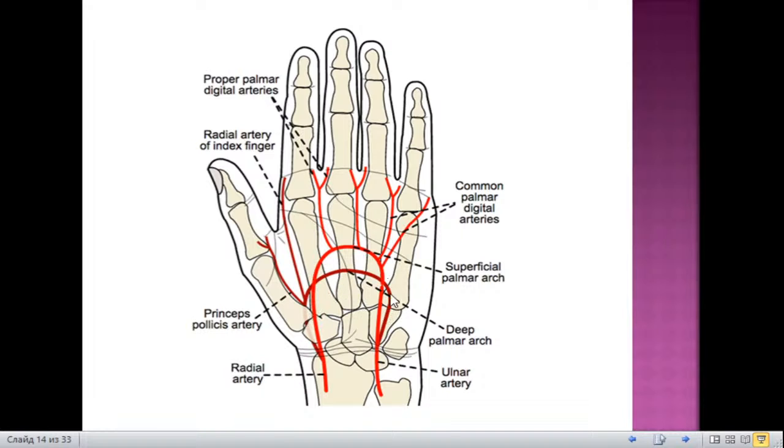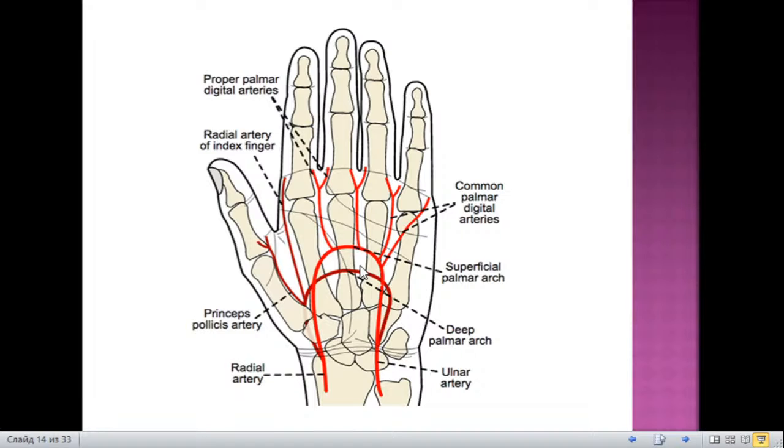The superficial palmar arch is a continuation of the ulnar artery, but it anastomoses with the superficial palmar branch from the radial. The deep palmar arch is a continuation of the radial artery, but at the same time it anastomoses with the deep palmar branch from the ulnar artery.